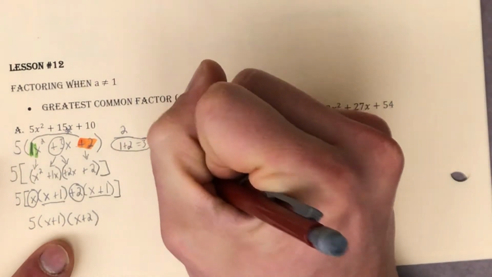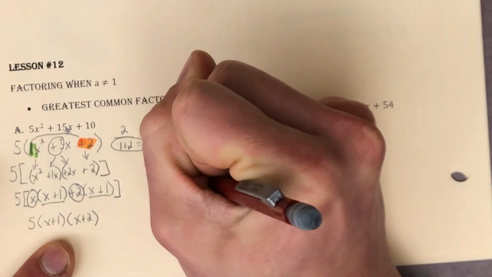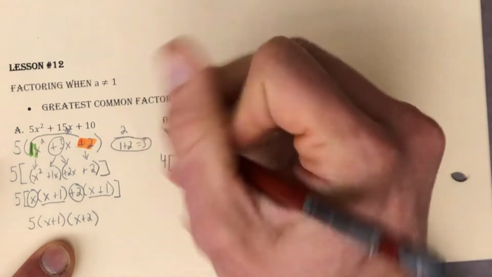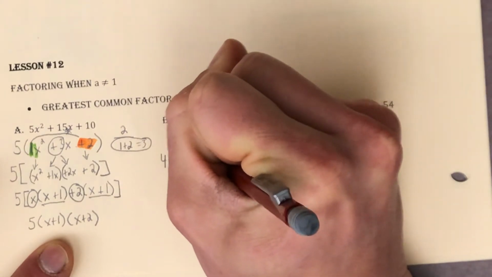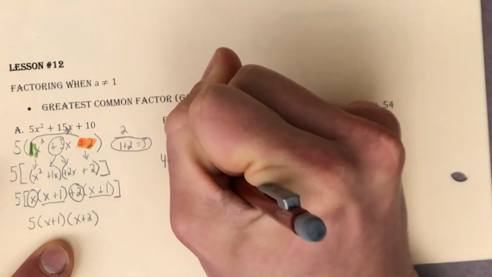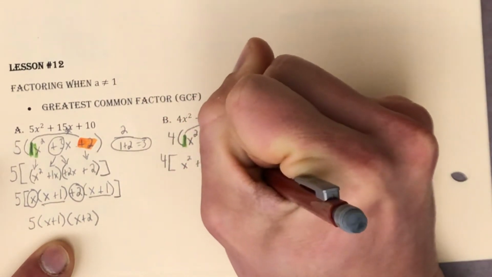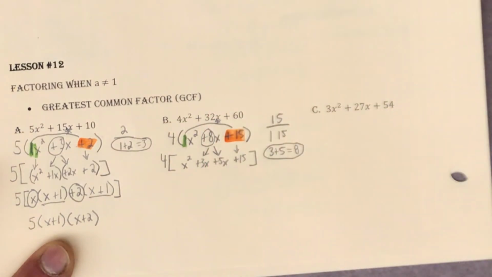Bringing down my greatest common factor of 4, switching over to the bracket style of enclosures, then bring down my first term of x squared, split my positive 8x into two terms, which would be positive 3x and positive 5x, and then bring down my last term of positive 15, end of my brackets.